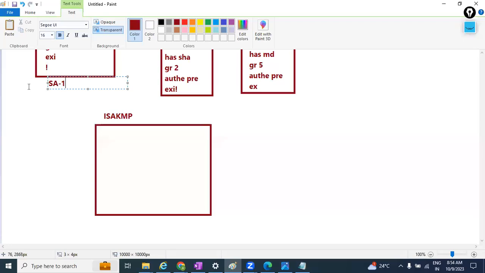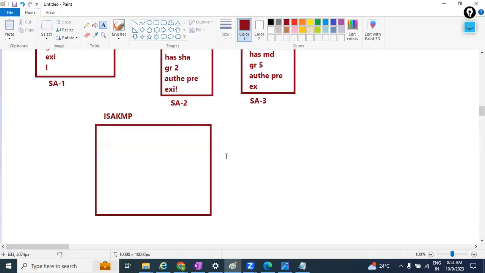So this is my SA1, this is my SA2, and this is my SA3. SA means security association. Note it down. Security association is equal to Haggle, and Haggle is the combination of the cryptographic methods.